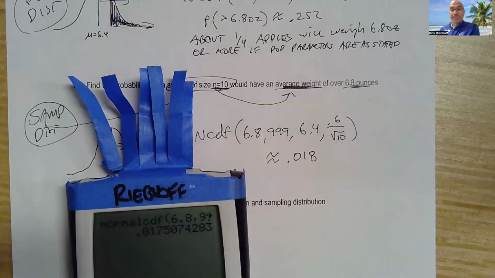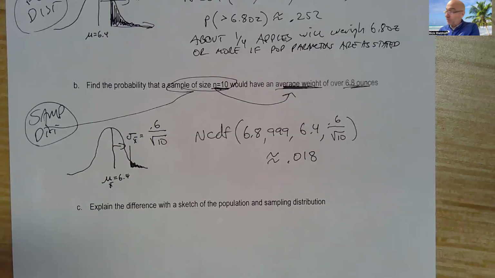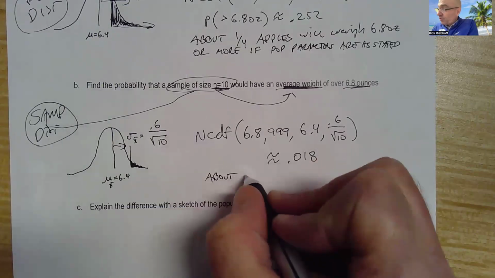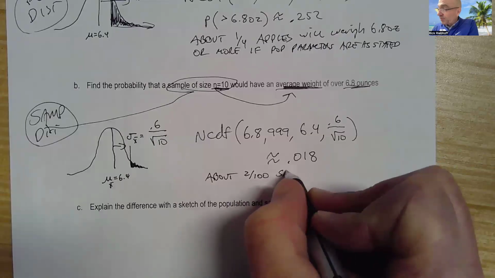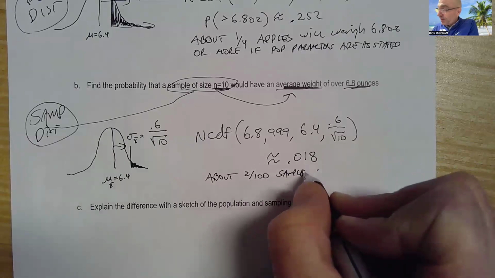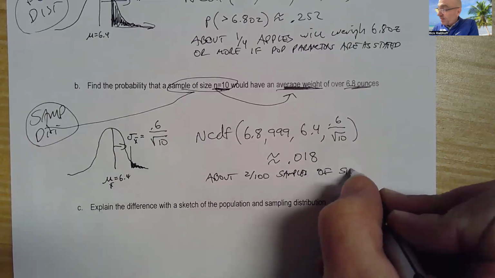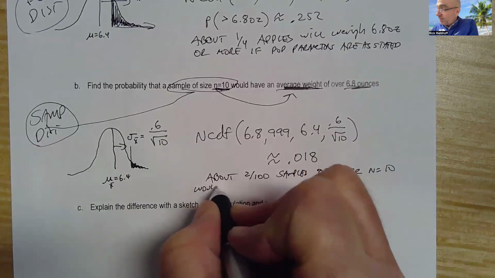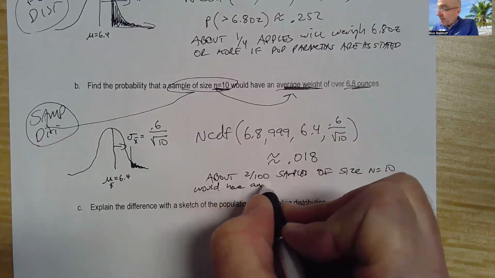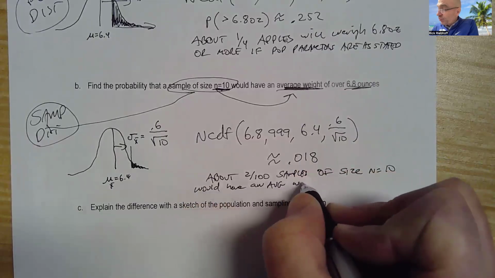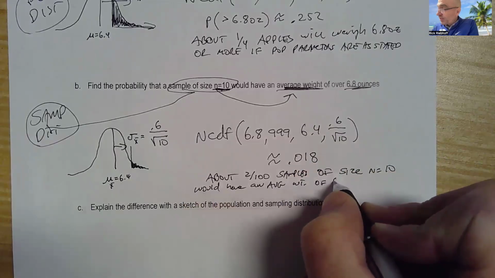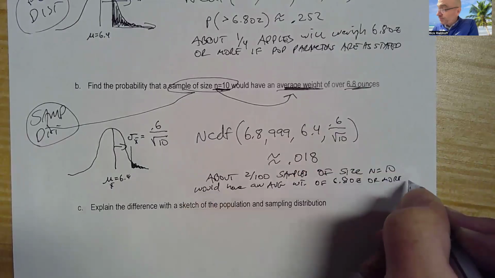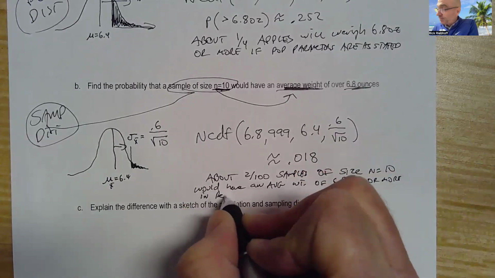0.018. Okay, so what does that mean? That means about 2 out of 100 samples of size n equals 10 would have an average weight of 6.8 ounces or more in repeated sampling.